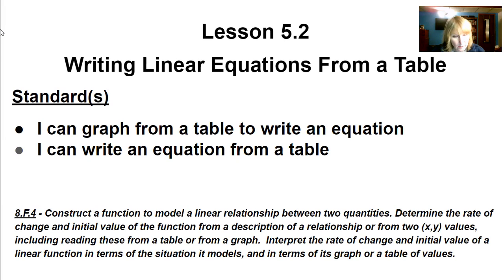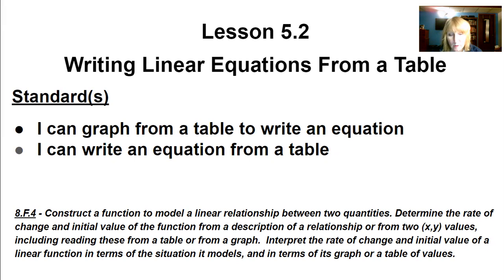All of this should make sense to you. Construct a function to model a linear relationship. We haven't talked much about functions, but that's coming up. But we have talked a lot about linear relationships, and being able to model that between two quantities, determine the rate of change, that's our slope, and initial value, that's our y-intercept, of the function from a description of a relationship, that's a word problem, or from two x-y values, 2 points, including reading those from a table.